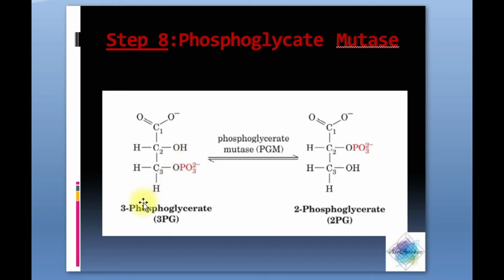Here we can see in 3-phosphoglycerate, the phosphoryl group is in the C3 position, but in 2-phosphoglycerate the phosphoryl group is in the C2 position. Thus there has been an intramolecular change between these two metabolites, and that's why the enzyme used is phosphoglycerate mutase.